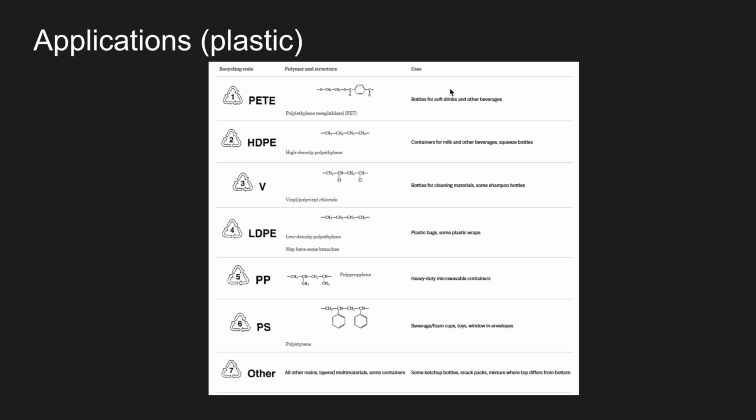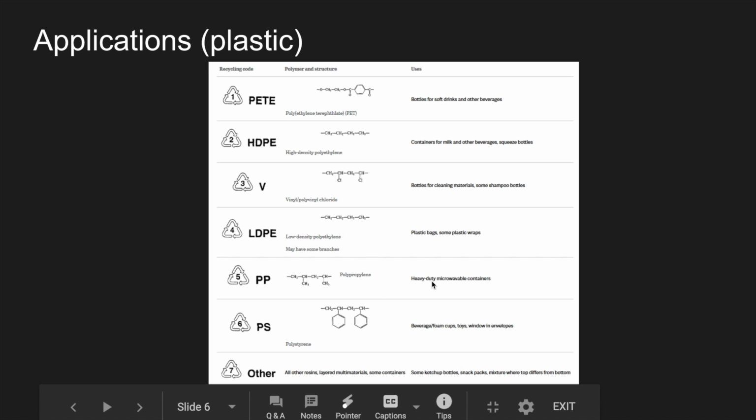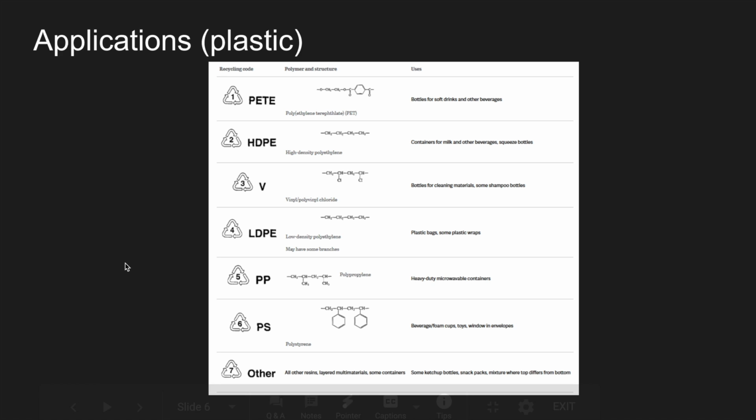So, for example, you can't use a plastic that has this type of monomer for a heavy duty microwavable container. It just doesn't really work, and the classification of these polymers allows us to optimize the use of plastic.